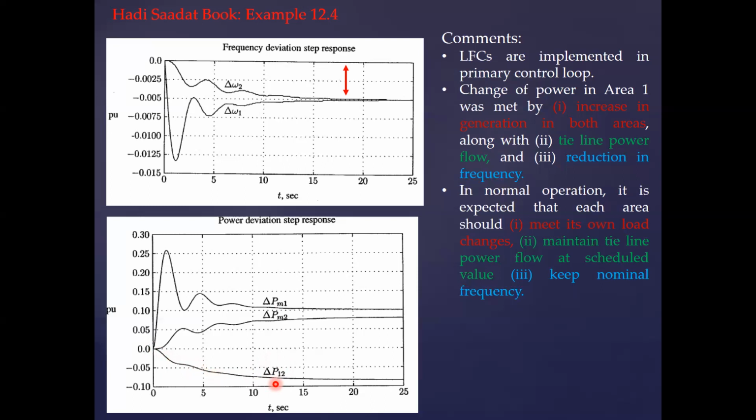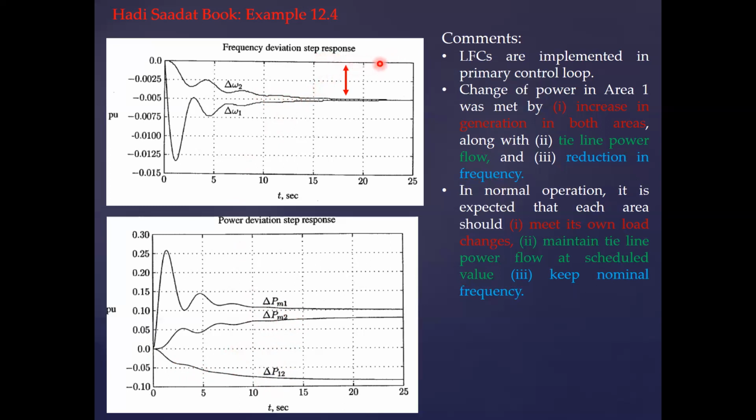It is expected that the scheduled power flow should not change; it should become zero at steady state. This is what we want. In the same way, the turbine power in area 2 should not be disturbed, and we want the frequency restored back to the nominal value.